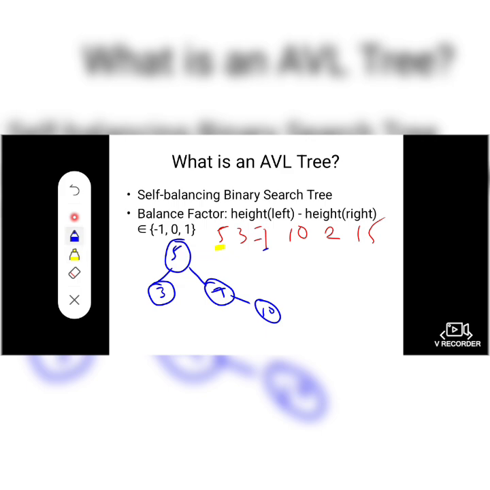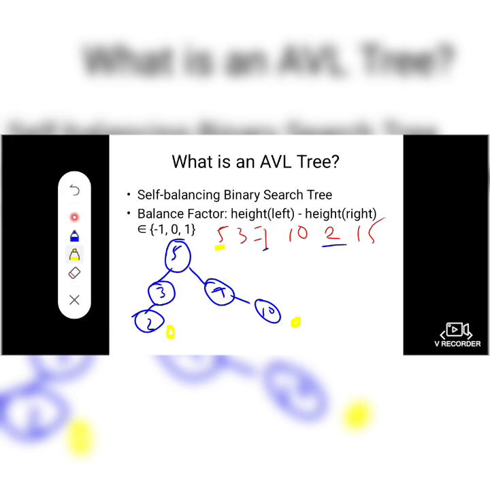Next we have to insert 2. It is less than 3, so we insert it here. Now see: 0 here, 0 here, and 1 minus 0, left minus right.